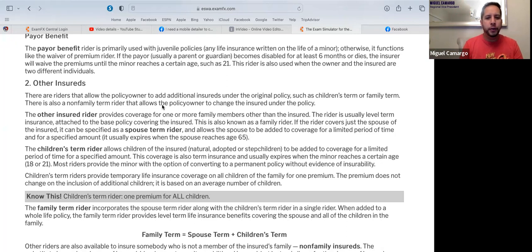And then you have what is called your children's term rider, your child rider. The child rider is you can add any child, adopted, stepchild, natural birth to the policy as long as you take care of them in some facet. And again, this is the term policy.